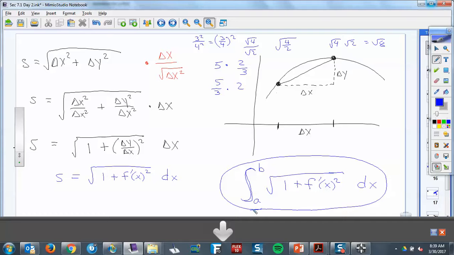But it all did kind of relate to area. This is really the first one we have that has no connection at all to area. It's simply using the integral as an adding machine to add up a bunch of little pieces of something. In this case, it's adding up little pieces of distance, little pieces of length.